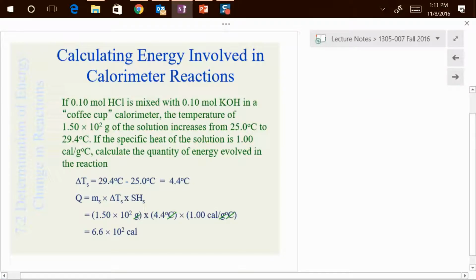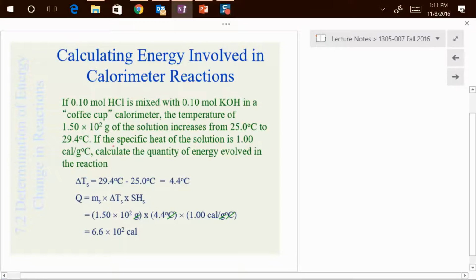Here's an example. If 0.1 moles of HCl is mixed with 0.1 moles of potassium hydroxide in a coffee cup, the temperature of 150 grams of solution increases from 25 degrees Celsius to 29.4 degrees Celsius. If the specific heat of the solution is 1 calorie per gram times degrees Celsius, calculate the quantity of energy evolved in the reaction.